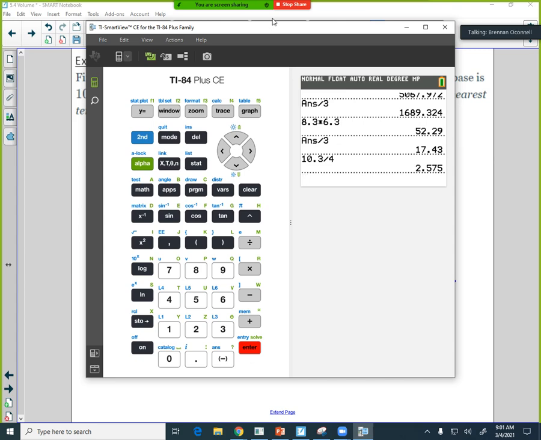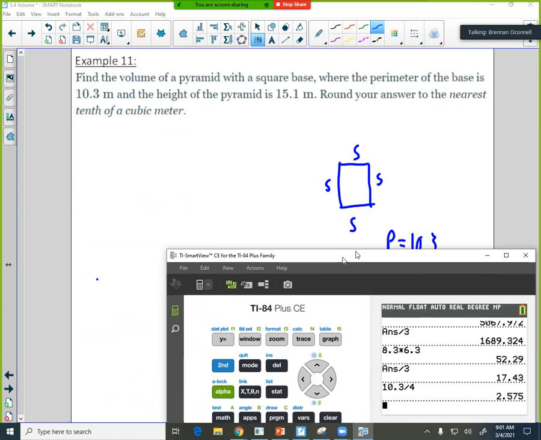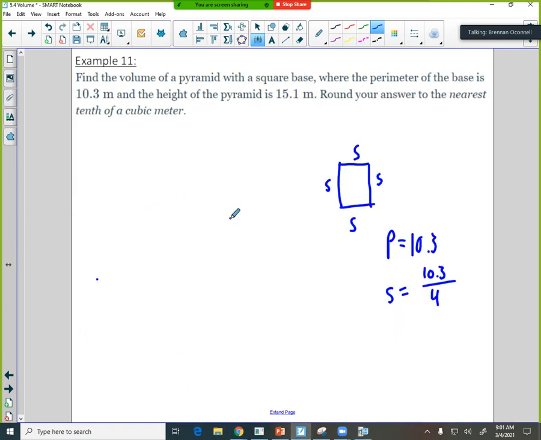There we go, 10.3 divided by 4. 2.575. So when we go back here, our side length is 2.575. So when we go to find the volume, it equals length times width times height divided by 3, or the base area times the height, whichever one you want to do.